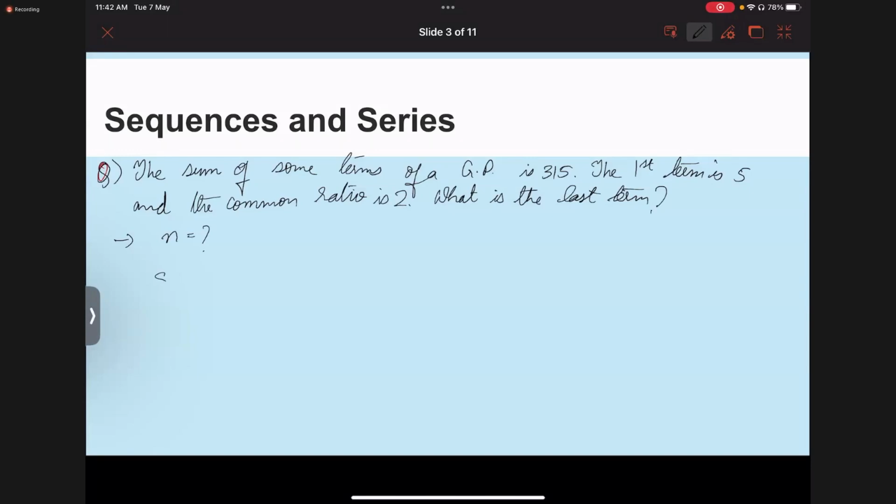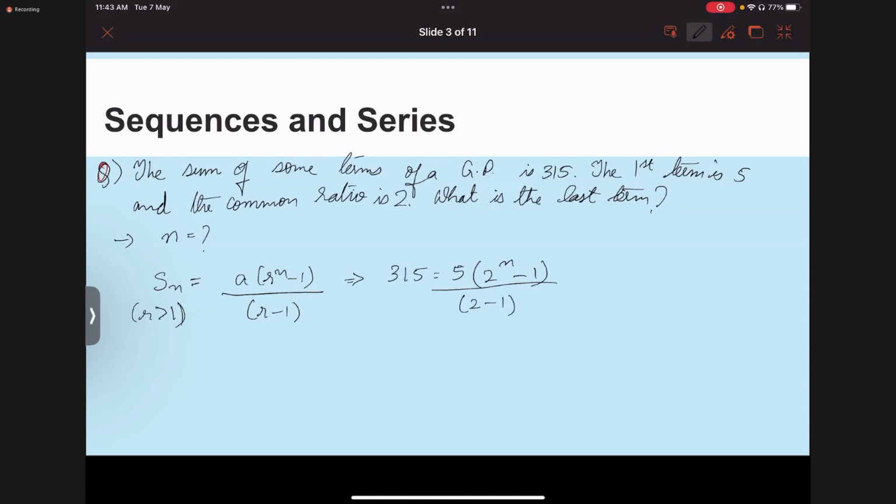So your formula for the series, Sn, considering your r is greater than 1, will be a times r to the n minus 1 upon r minus 1. So this eventually gives you 315 is equal to 5 into 2 to the n minus 1, upon 2 minus 1. So we get this out.